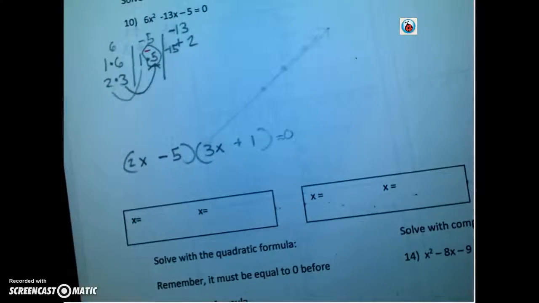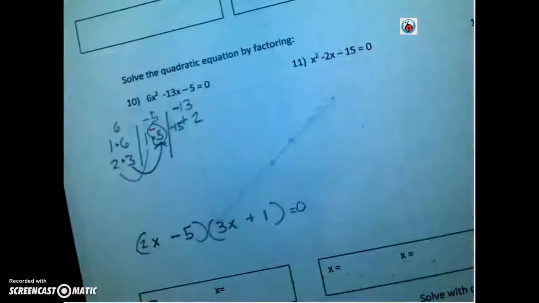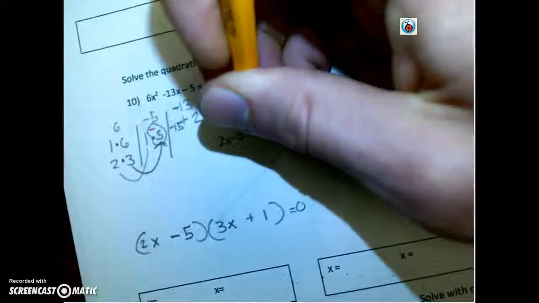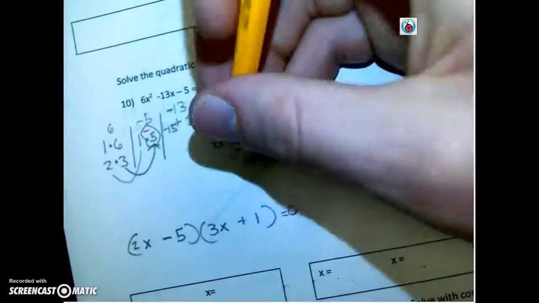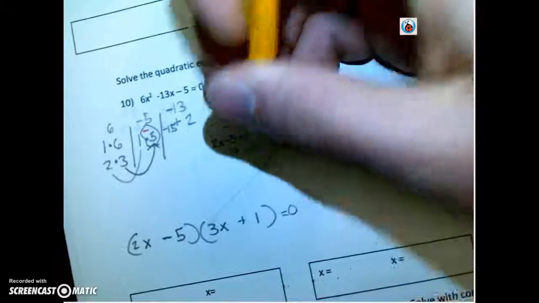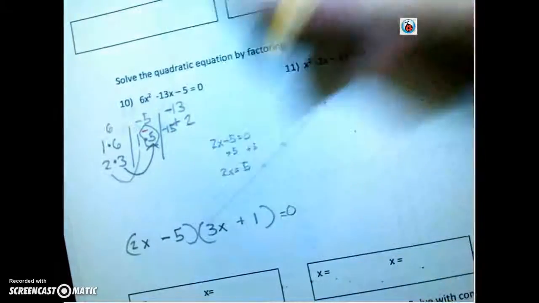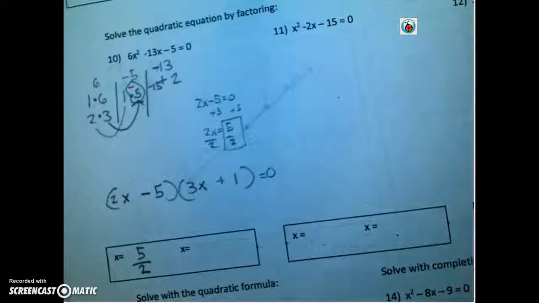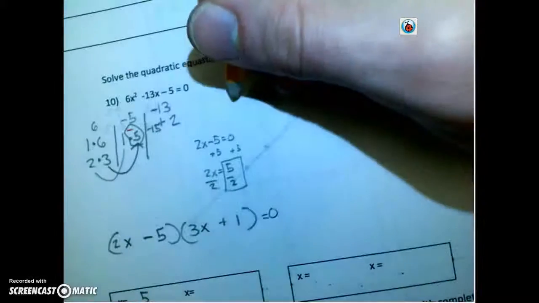Now to solve for our x, we set them both up here. And dividing both sides by 3. That's one of my x-intercepts. All right? And then we also set the 3x plus 1 equal to 0.